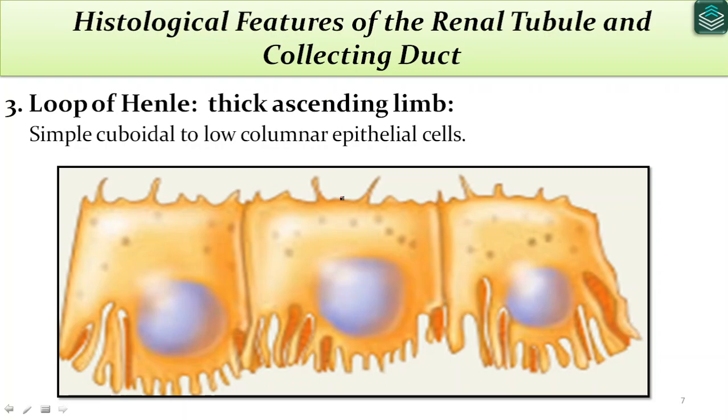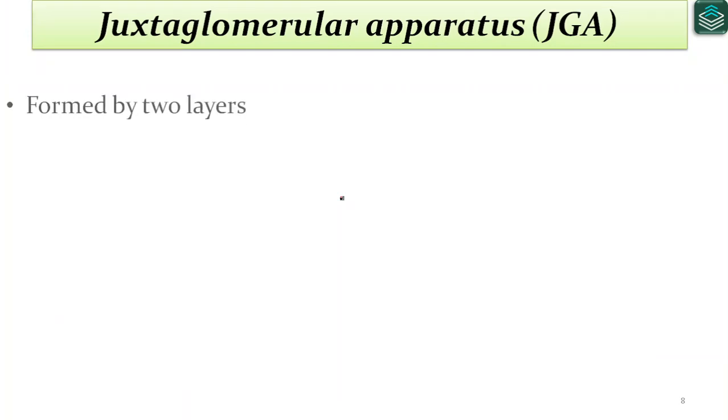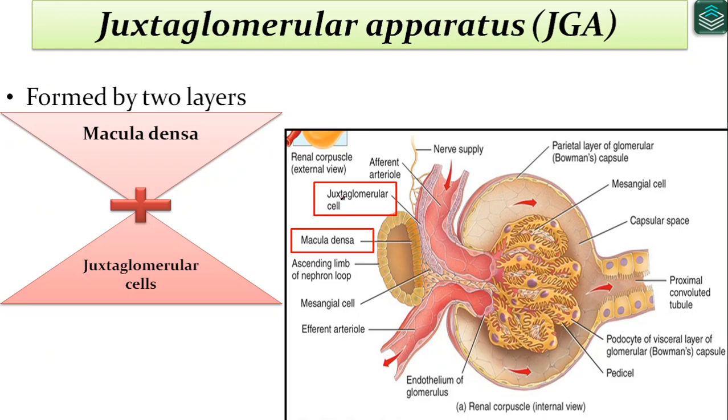When we discuss the thick ascending limb, another modified portion comes into the picture, that is the juxtaglomerular apparatus. This juxtaglomerular apparatus is formed by two components. The first is the macula densa, the second is the juxtaglomerular cells. The macula densa is the final part of the ascending limb that is in contact with the efferent arteriole.